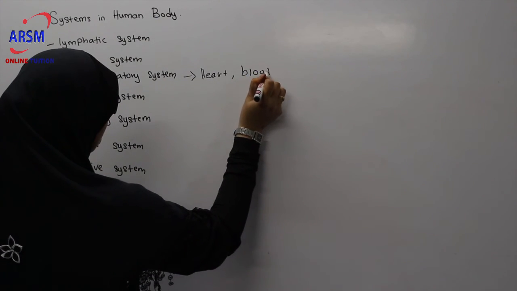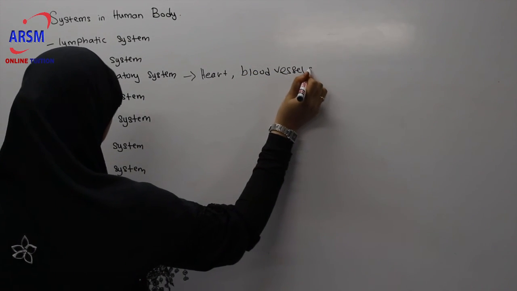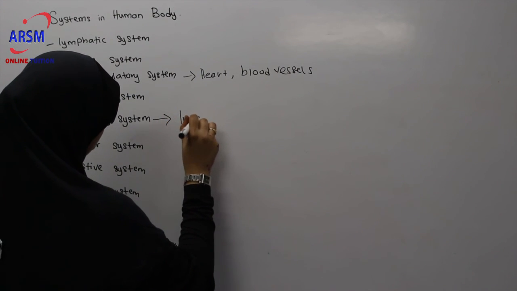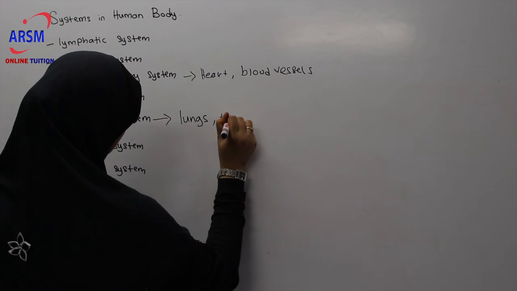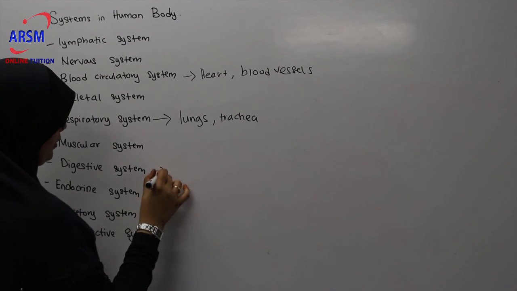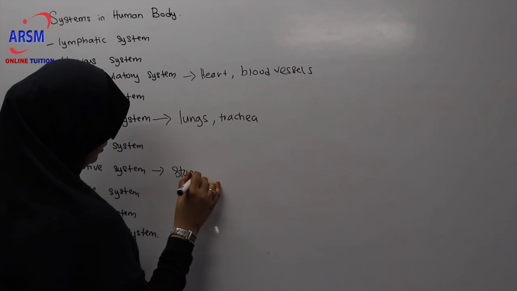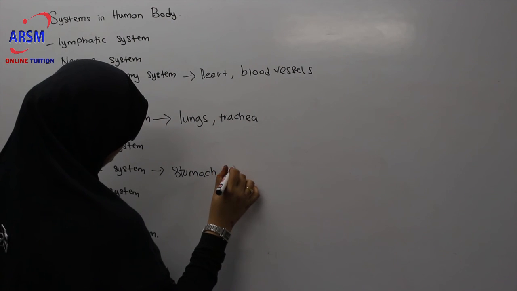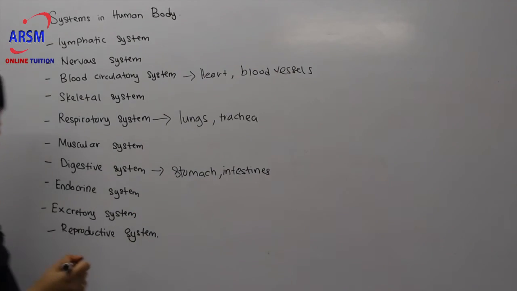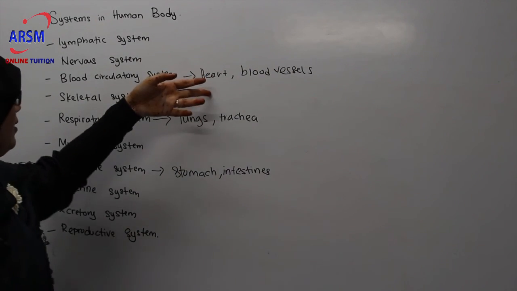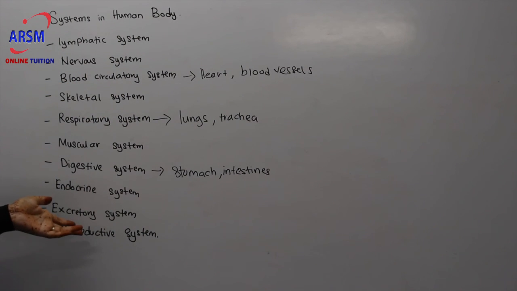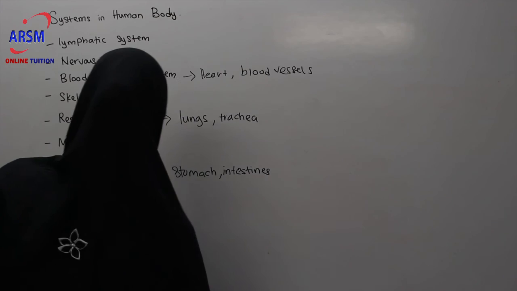In the respiratory system, we have the lung and the trachea. In the digestive system, obviously we have the stomach and the intestine. So these are the organs which form the systems, different organs for different systems, obviously.